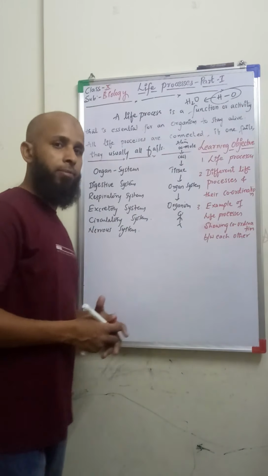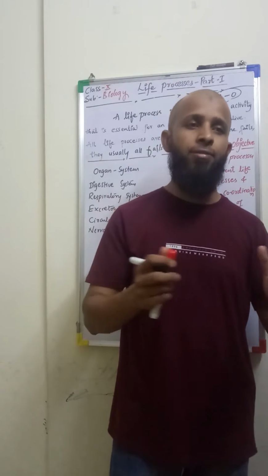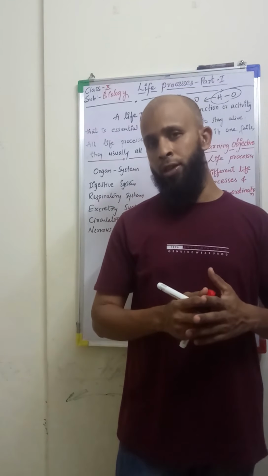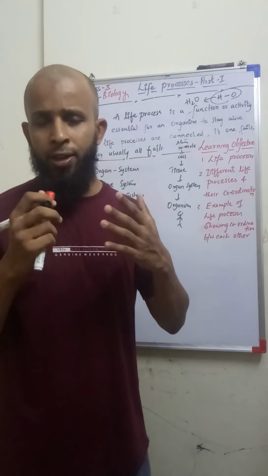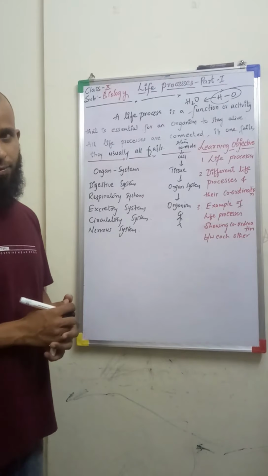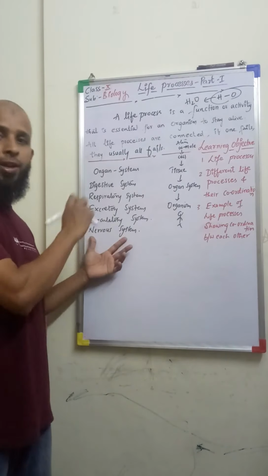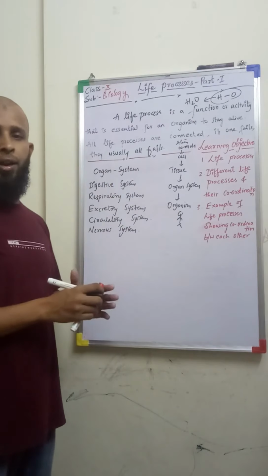And the nervous system connects each and every organ system together. That's the complete control and coordination that takes place with the nervous system. I will also explain how this will control and how one system and another system are connected.